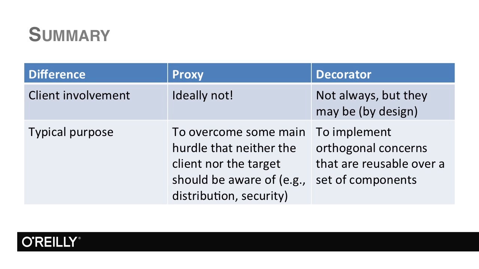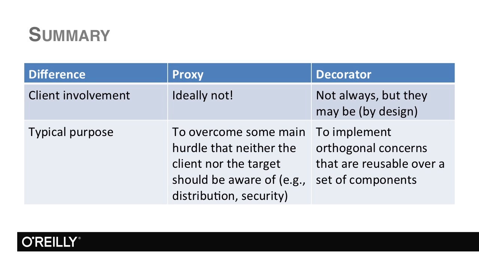So the typical purpose of the proxy is to overcome some main hurdle that neither the client nor the target should be aware of. This could be, for instance, distribution, where we have a remote proxy. It could be security, where we need something to be checked. But we don't want the ones that implement the service to have to deal with security or distribution, nor do we want the client to worry about this.